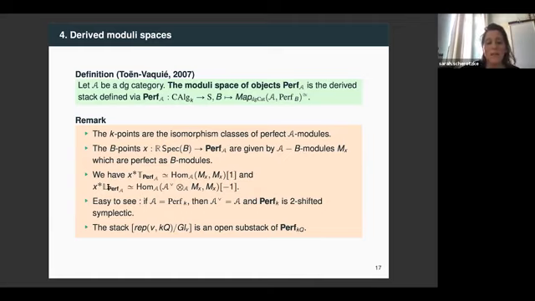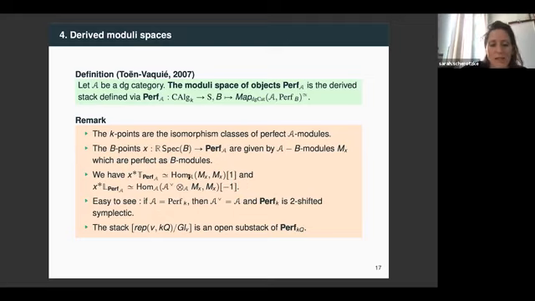And by duality, using the fact that the dualizing complex is a Serre functor, we obtain that the pulled-back cotangent complex is Hom of the inverse dualizing complex tensored with M(X), M(X), and now the shift of 1 becomes by the dualizing procedure a shift of -1. It's a bit technical, but it will be important in a second.